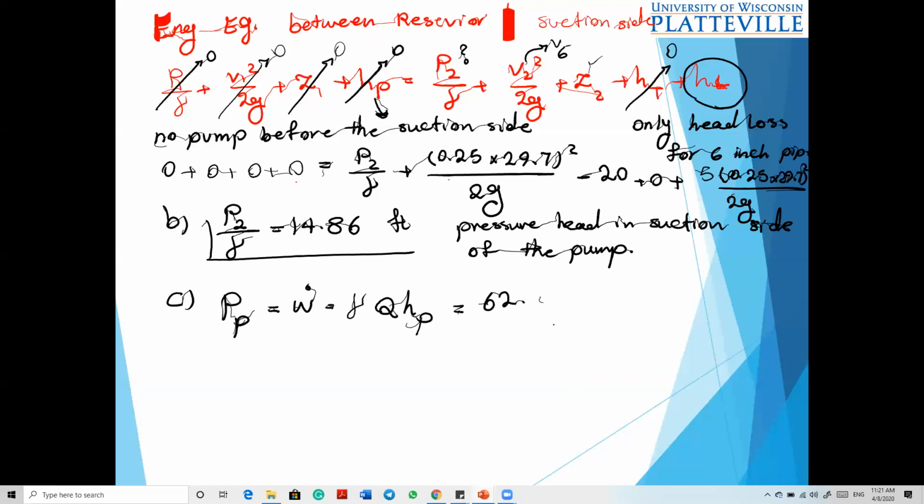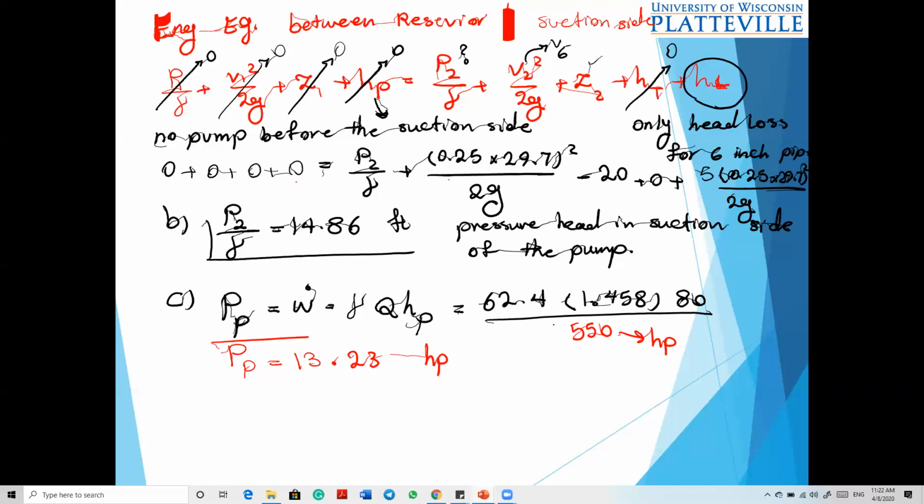It is 62.4, multiplied by Q, which was 1.458, and the head for the pump was 80 feet. If I want to convert it to horsepower, I divide by 550. So power for the pump is 13.23 horsepower.